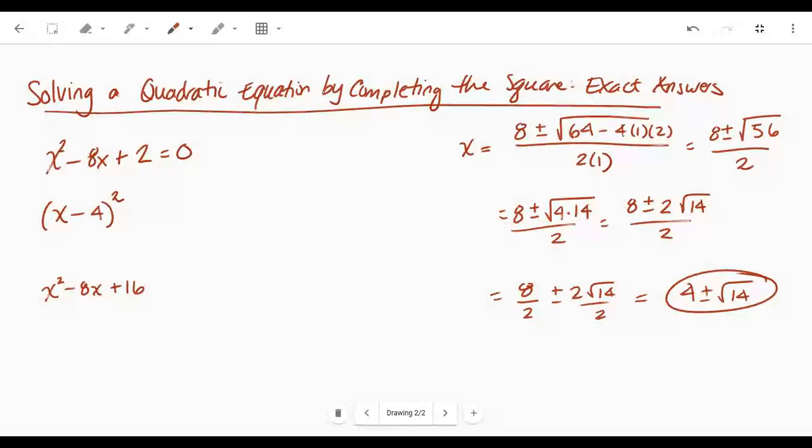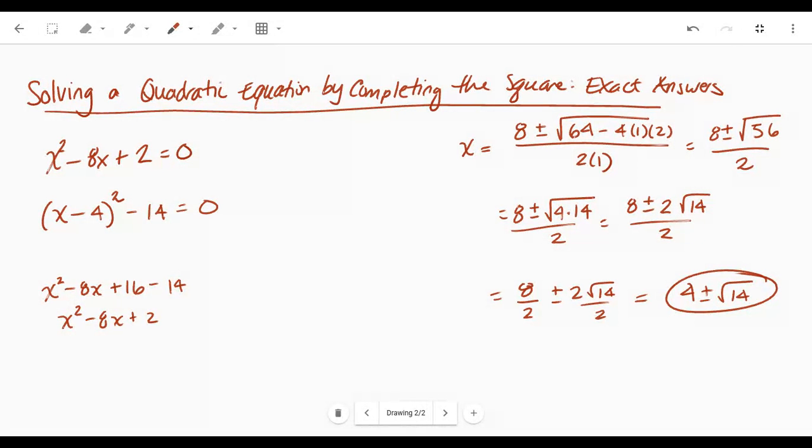Okay, but we don't want 16, we want 2, which means that I have to subtract 14 from this. So that is equivalent to x squared minus 8x plus 16 minus 14, which would be x squared minus 8x plus 2. Okay, so that would equal 0. Okay, so first step is just completing the square.